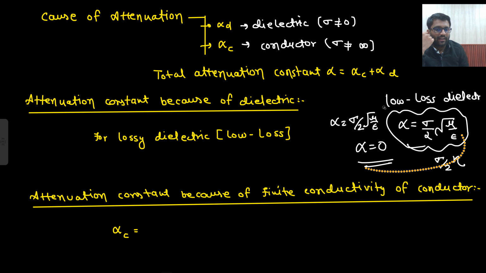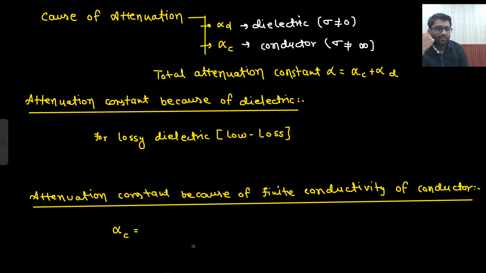So for lossy dielectric, the attenuation constant is alpha d, that is sigma by 2 into neta. Sigma by 2 into neta, but another factor will come into action, that is 1 minus fc by f whole square. But let me write it down in a good manner.